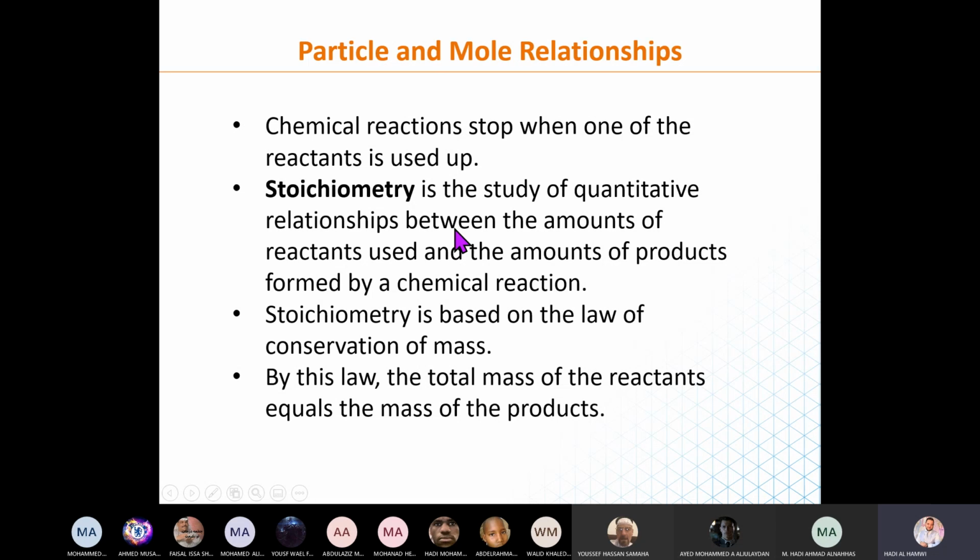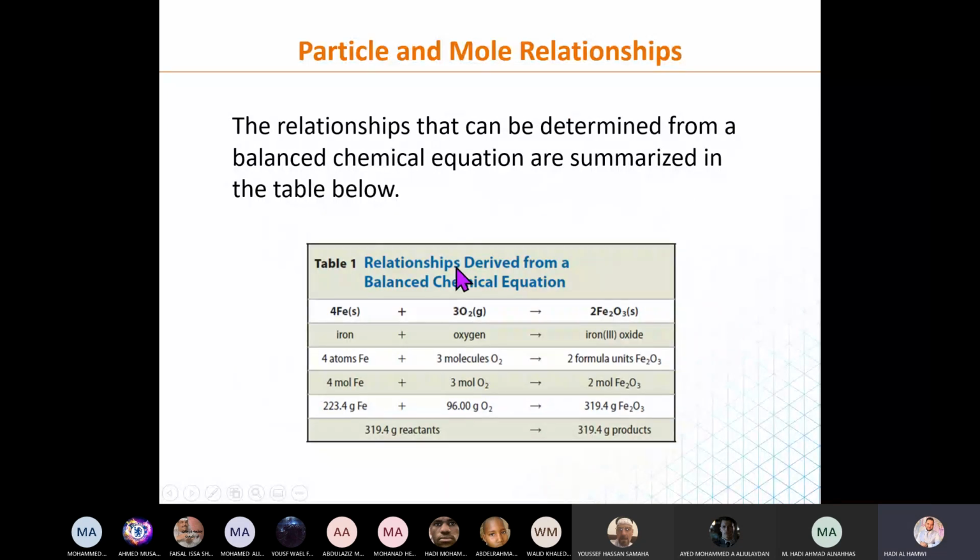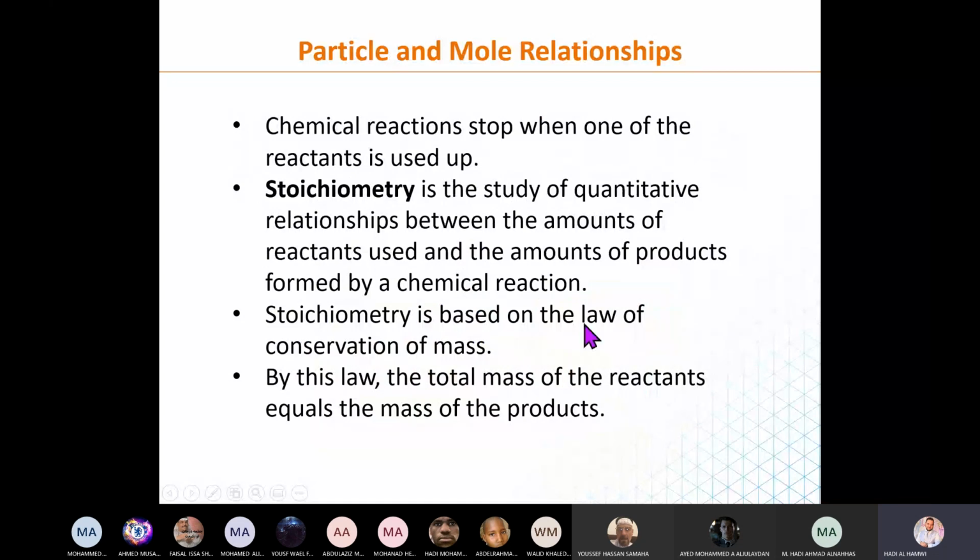Between the amounts of the reactants used and the amounts of products formed by a chemical reaction. We said that stoichiometry is related to the law of conservation of mass. If you remember, the law of conservation of mass states that mass is conserved; it's neither created nor destroyed. So the mass of the reactants should be equal to the mass of the products, according to this law.